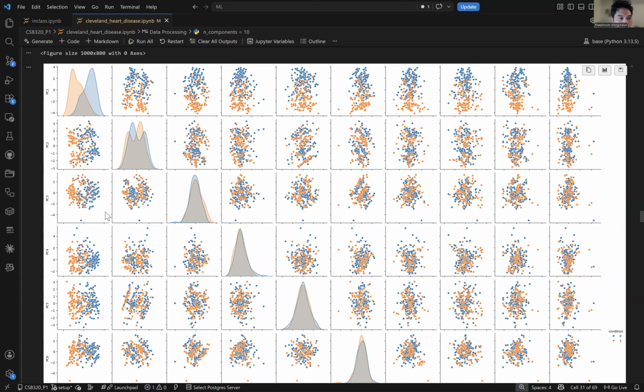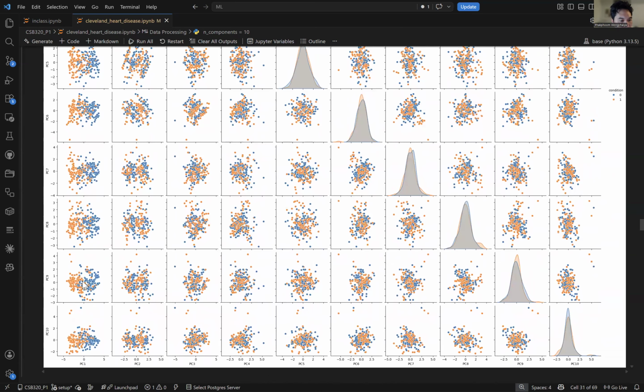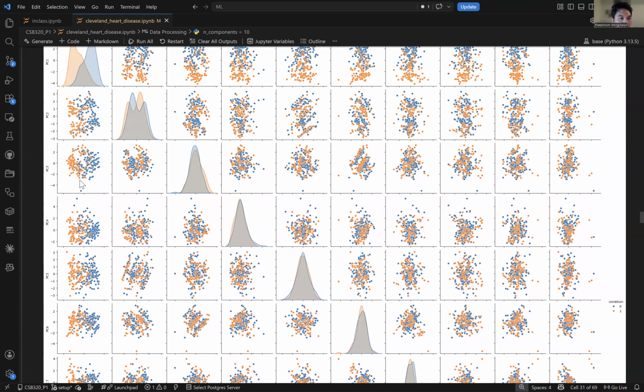But if we take a look at the scatter plot compared to the original before the PC components, there wasn't much separability at all. For PC1, there's a little less overlap, but still quite a bit.